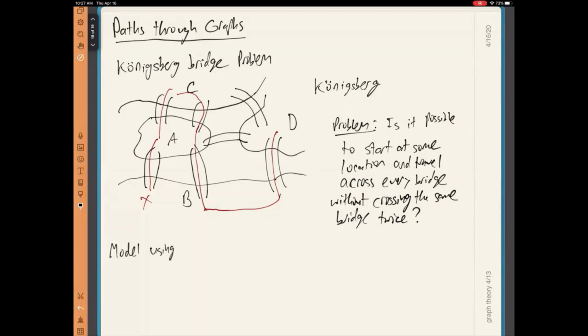Well, you can use something called a multigraph, which we briefly talked about earlier. And so a multigraph is just a graph G where you're allowed to have more than one edge between vertices, right? So multiple edges are allowed between two vertices.